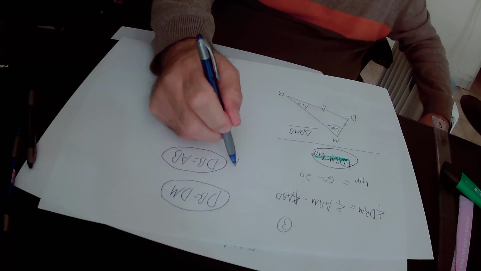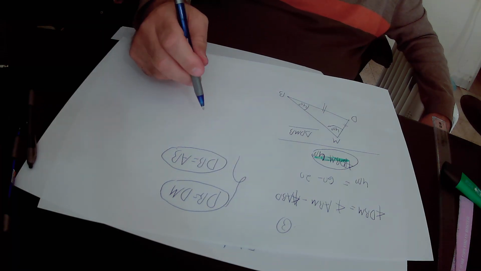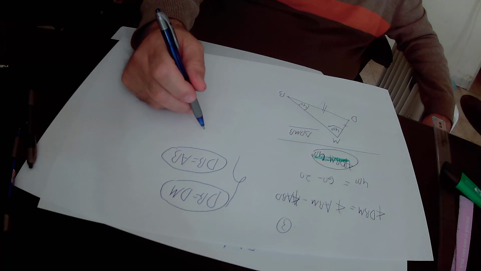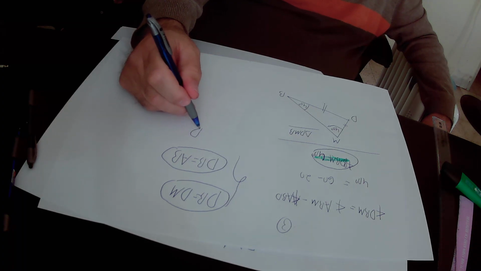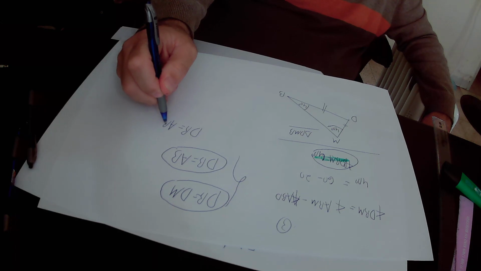From those two equations, we derive that DB from one side is equal to AB.